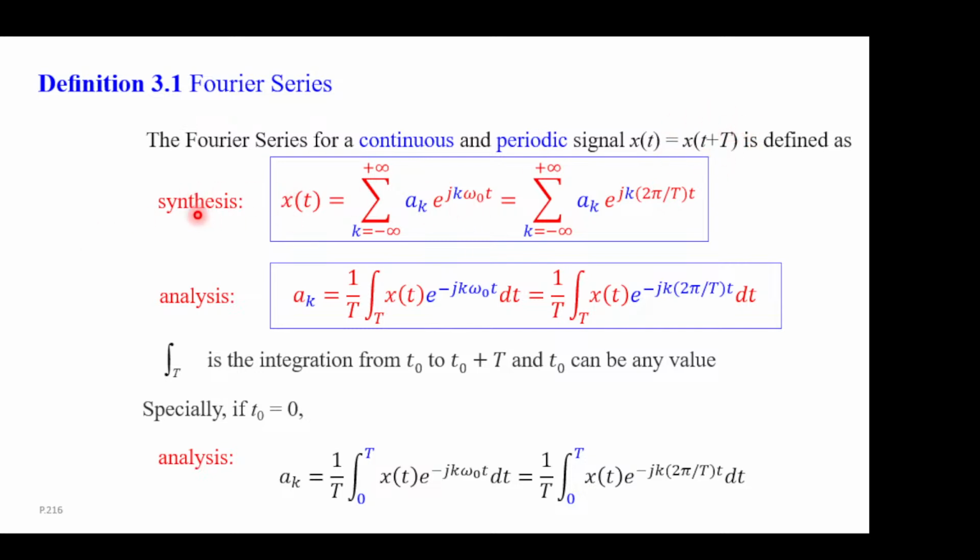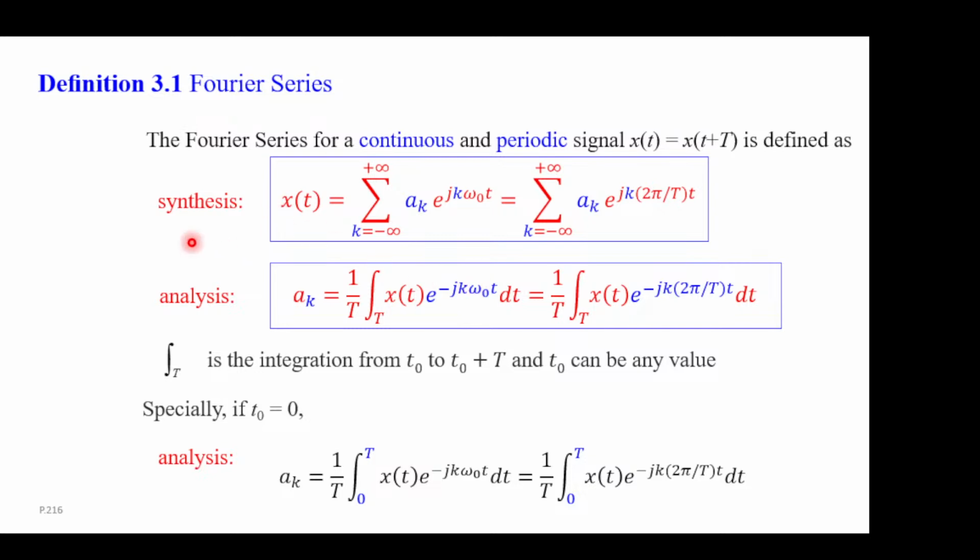And those are the harmonic complex exponentials. And we found out that for most x of t, you can do this. So you can find that a_k is the integral of x of t e to the minus jk omega naught t dt, averaged over one period, so 1 over T.